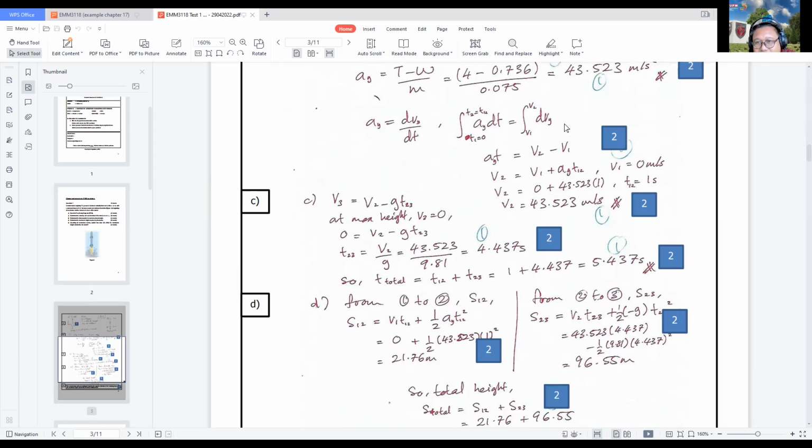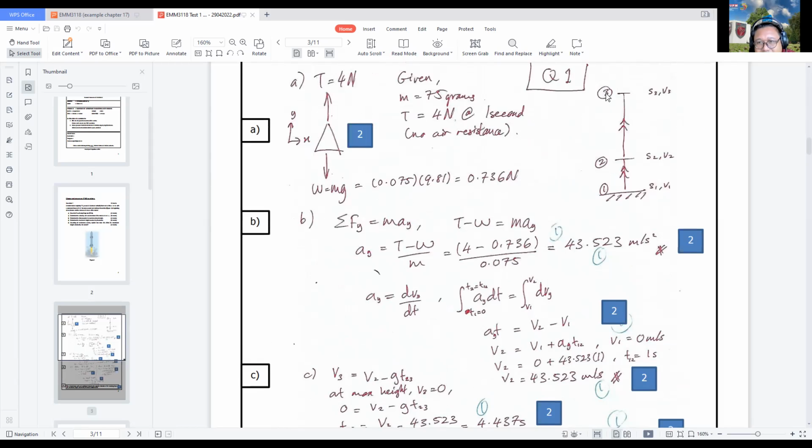This is just a coincidence because t equals 1 second. Okay, next. The next is to calculate the total time needed. So for the total time needed, first you have to calculate the v at point 3 and point 2.